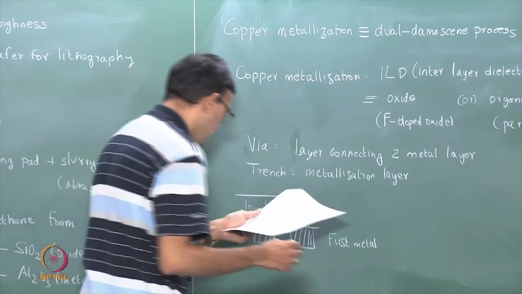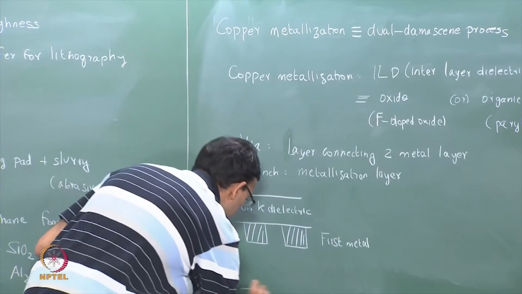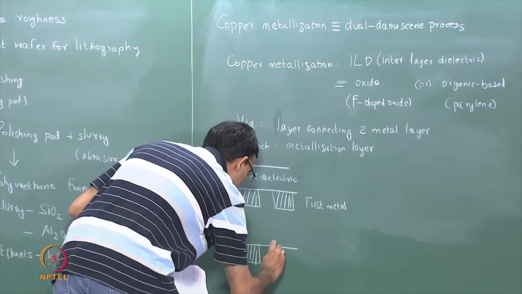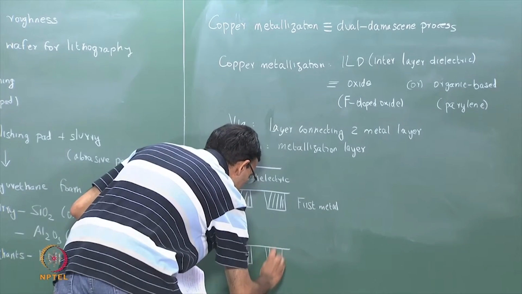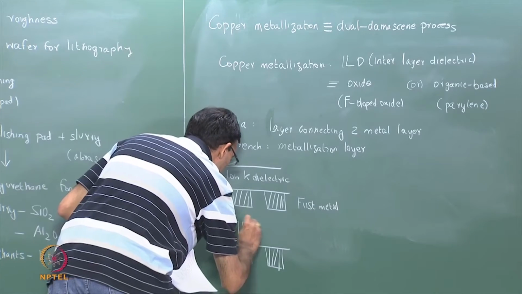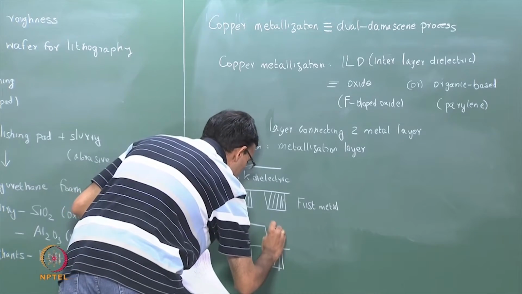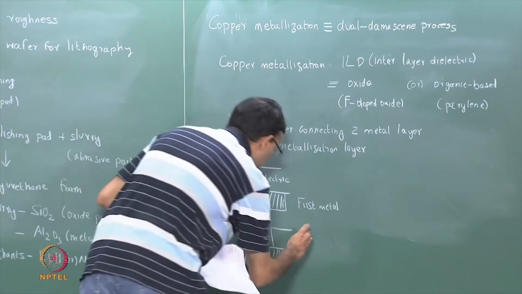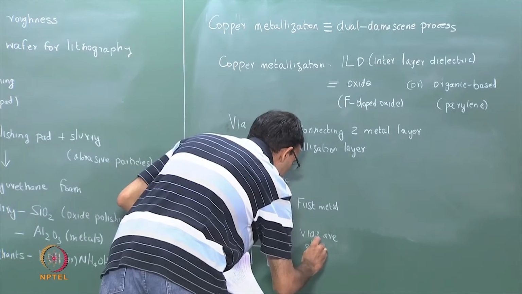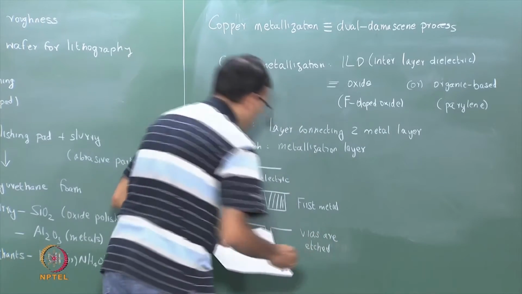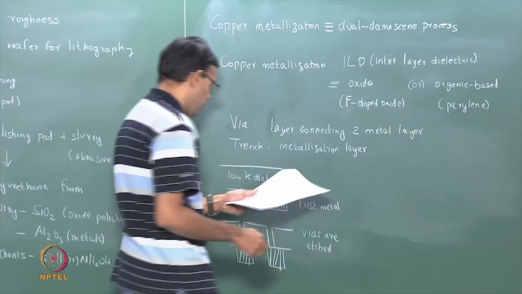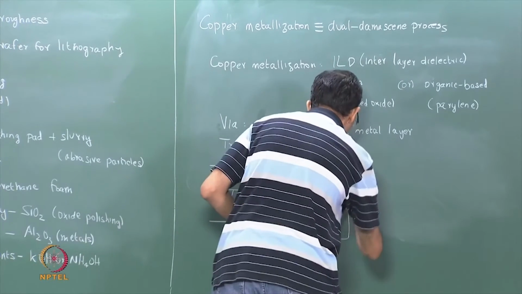So this is called a via first process. The vias are etched. You can also have a process where you first etch the trench, but here it is a via first process.